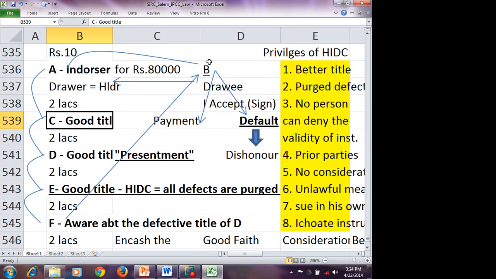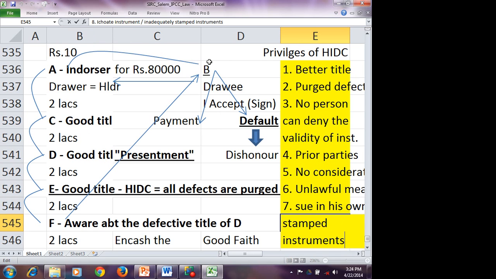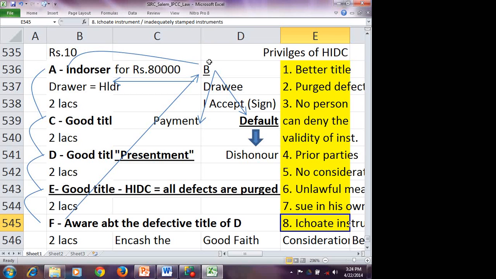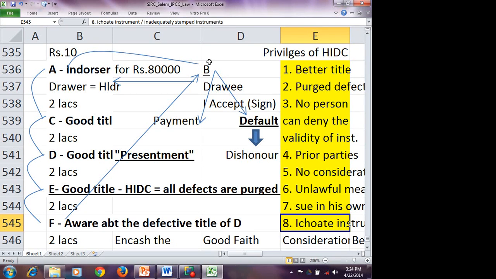So in the case of inadequately stamped instruments, what is the benefit to a holder in due course? He can claim the full amount, not merely the transaction value. But any other person can claim from B, the drawee in the given case, only the transaction value. The entire law is for the purpose of offering better protection to the holder in due course. As simple as that.